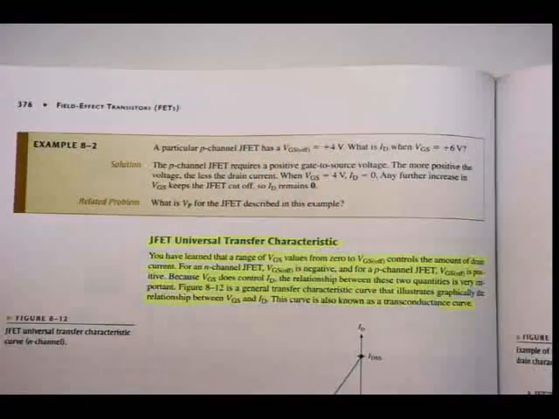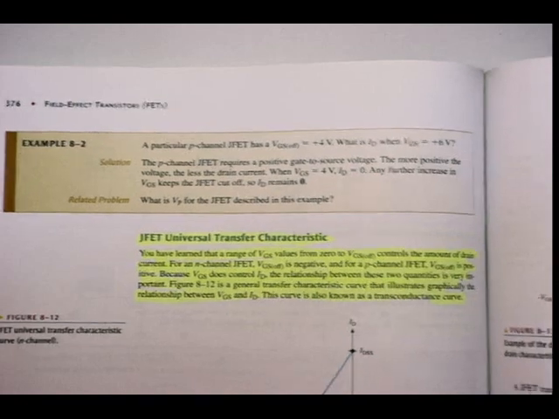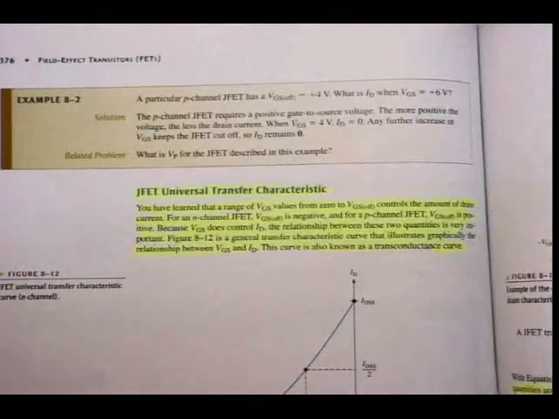It will still be off, right? So ID will still be equal to 0, but they tell you there: the P-channel JFET requires a positive gate to source voltage. The more positive the voltage, the less the drain current. When VGS is equal to 4 volts, ID is equal to 0. Any further increase in VGS keeps the JFET off, so ID remains 0. Of course. Remember that.